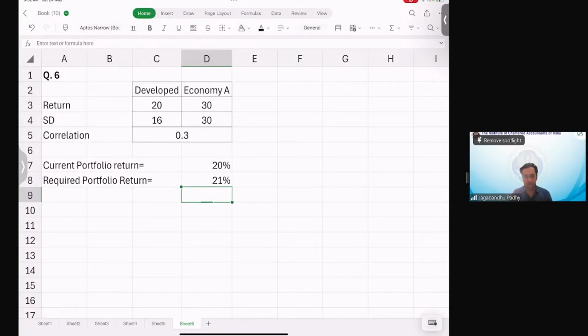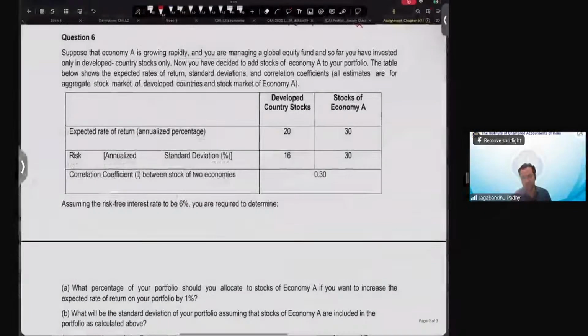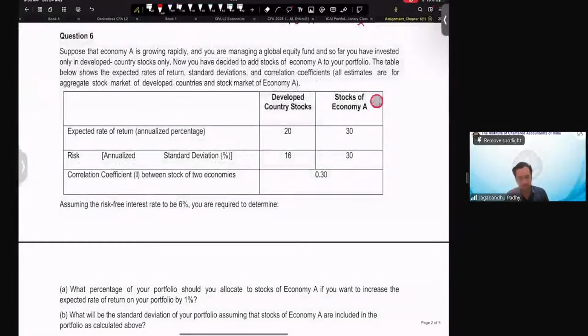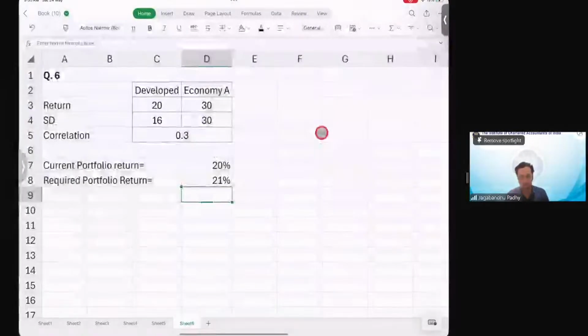So current portfolio return is 20%, and required portfolio return stands at 21%. Now we want to know how much we should be investing in the stocks of economy A.